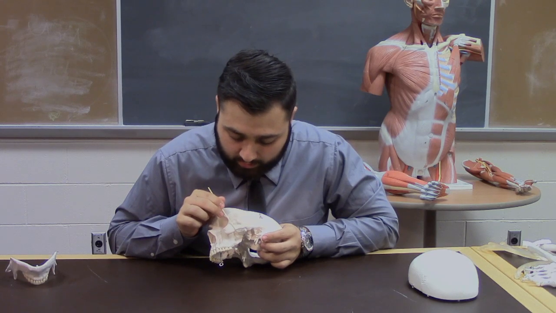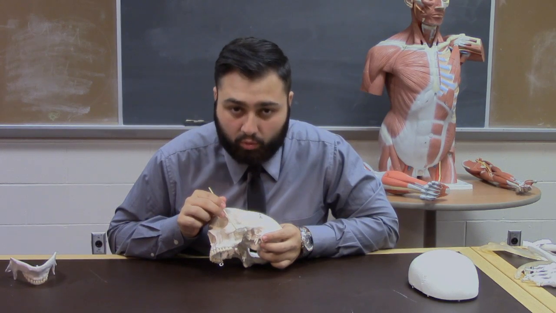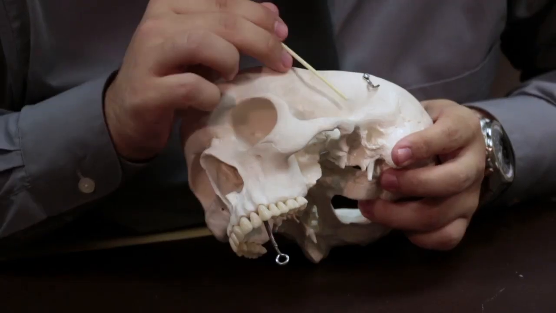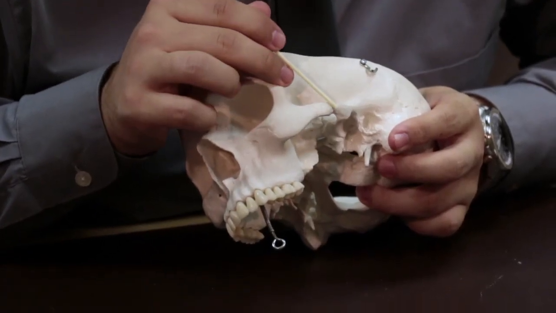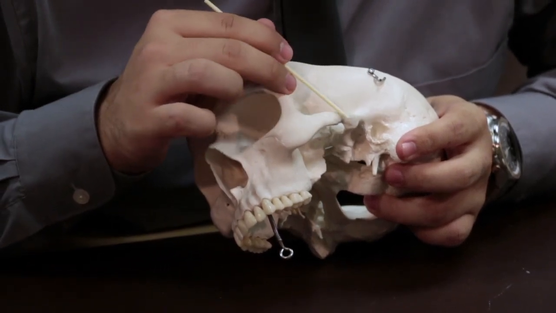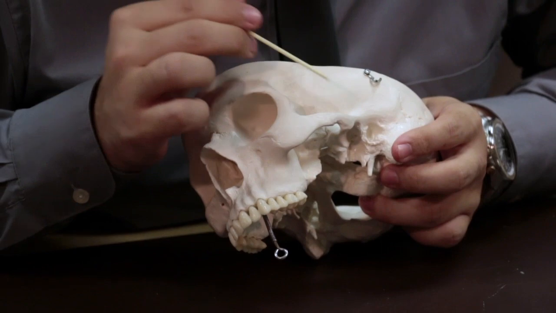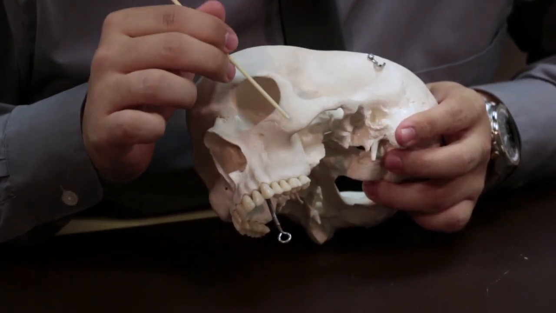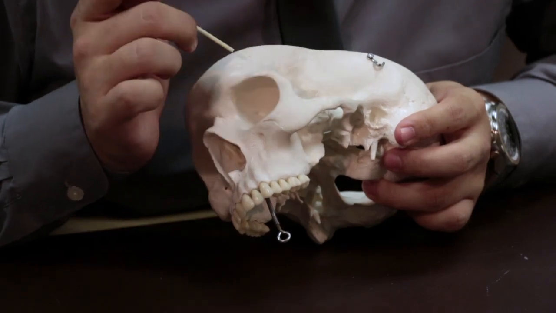This process is the temporal process of the zygomatic bone. So the processes switch: temporal bone, zygomatic process, zygomatic bone, temporal process. This whole thing is called the zygomatic arch. Okay, so don't get those confused. Temporal bone, zygomatic process, zygomatic bone, temporal process. Okay?